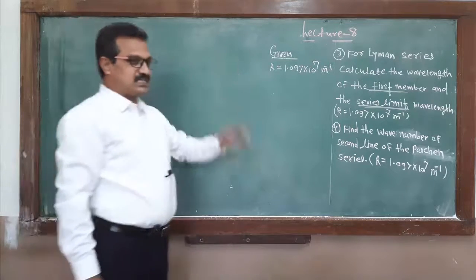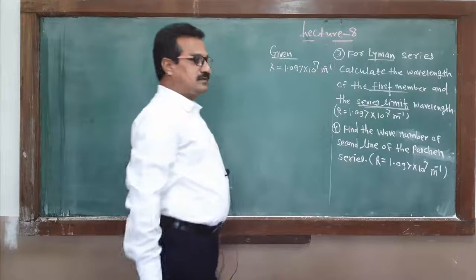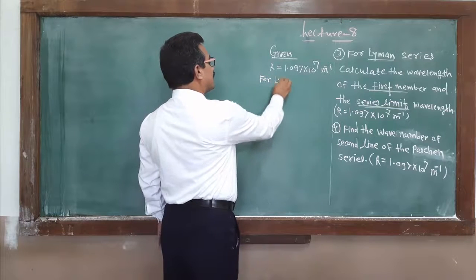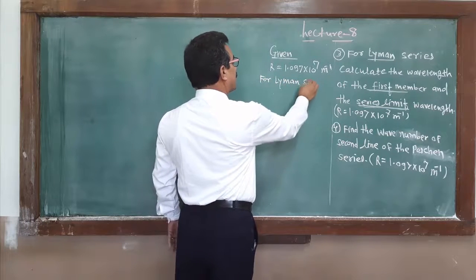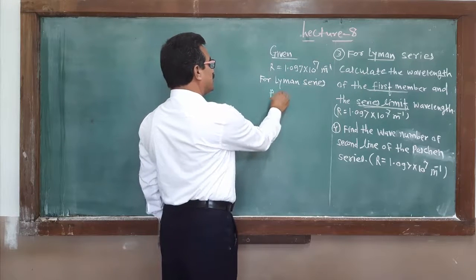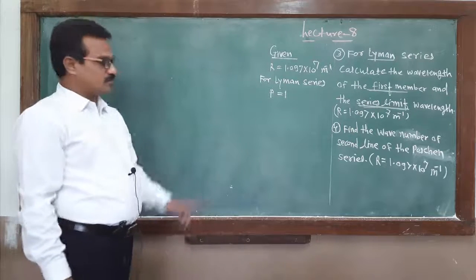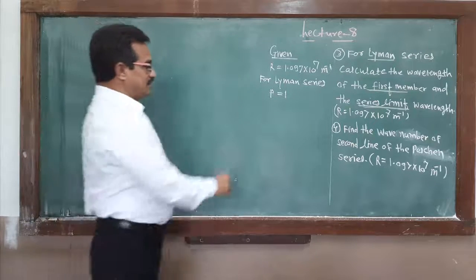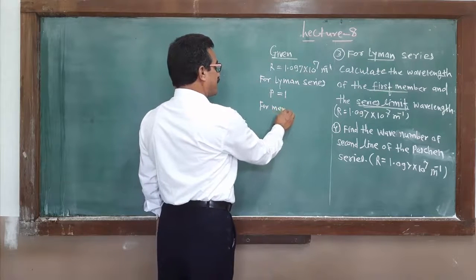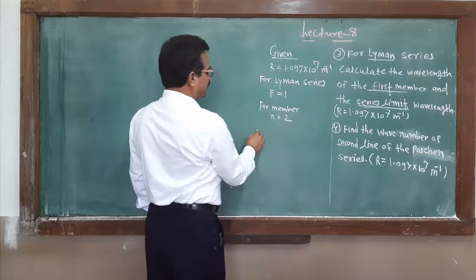For the Lyman series, the value of p is equal to 1, the inner orbit. For the first member, n is equal to 2.